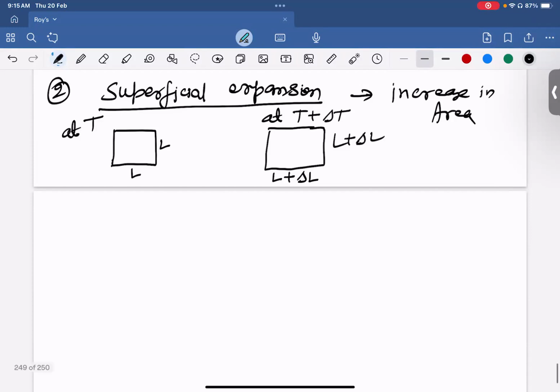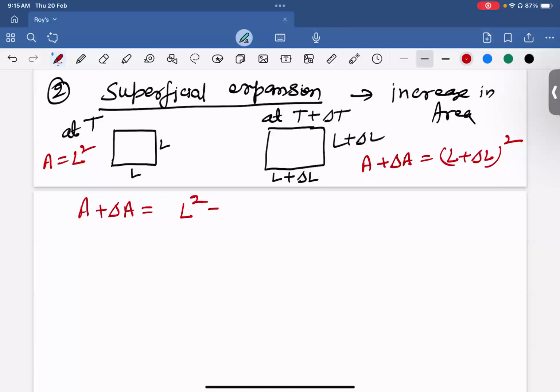So here what you can see is that area A is L square. And here area will increase. Let's suppose area increases by A plus delta A and it becomes (L plus delta L) square. So A plus delta A is L square plus 2L delta L plus delta L square.